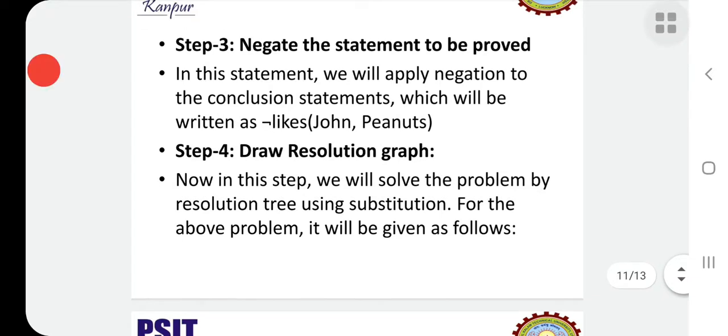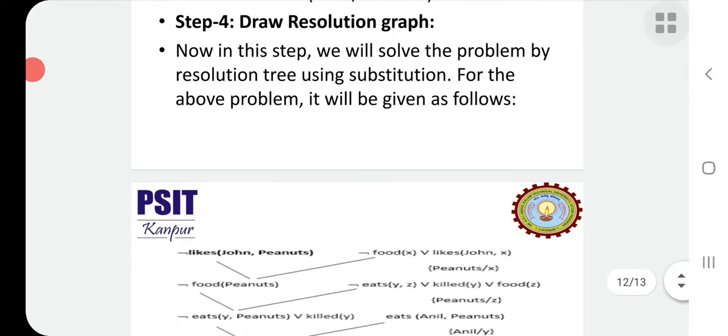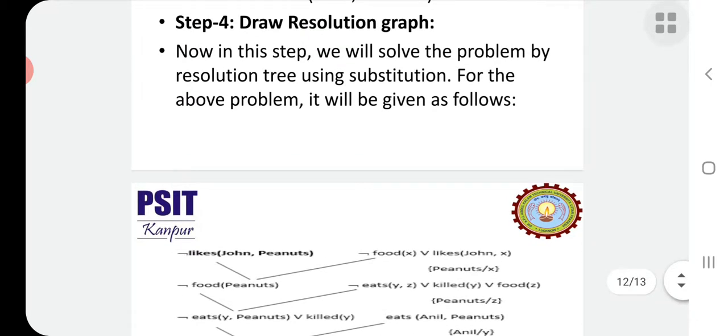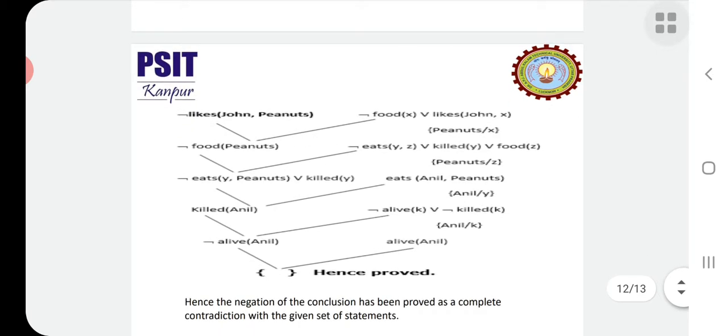Step 4 is to draw the resolution graph. So when you are drawing a resolution graph, first you have to understand what your final conclusion is, that means which conclusion you want to prove, right?